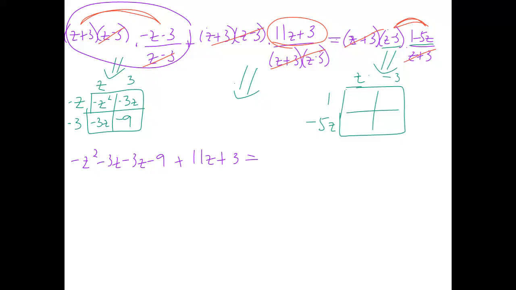So 1 times z is 1z, or just z. 1 times negative 3 is just negative 3. Negative 5z times z is negative 5z squared. And then negative 5z times negative 3 gets me 15z. All right, so out of the box then we get a 1z minus 3 minus 5z squared plus 15z.